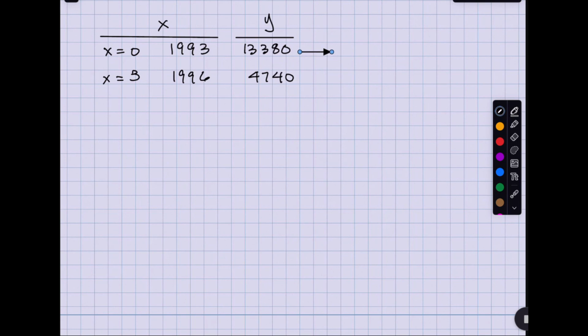So we have 2 points. Oh my goodness, I wonder if we can get a slope.